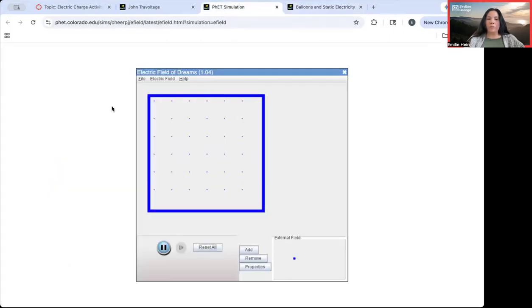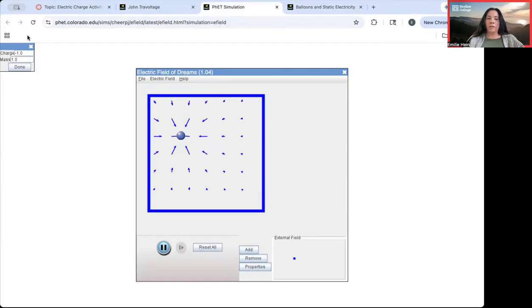The second one was Electric Field of Dreams. This one is like a box, right? Essentially you can add a charge and check out the properties, which are shown over here.